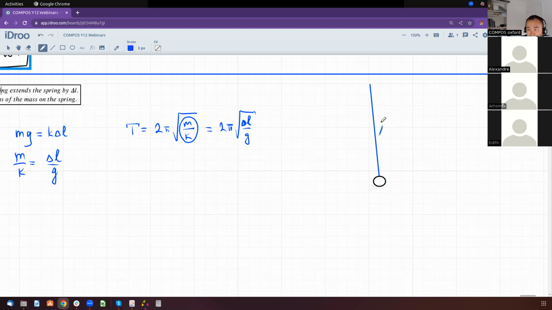If you have a pendulum of length L, and the gravitational field is g, the time period of a pendulum is 2 pi square root L over g.